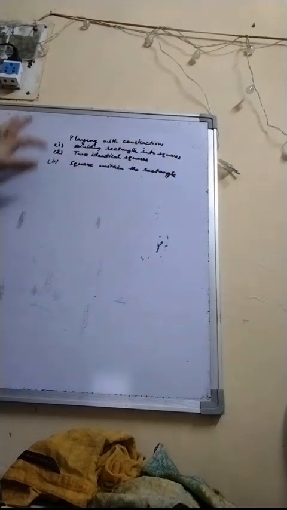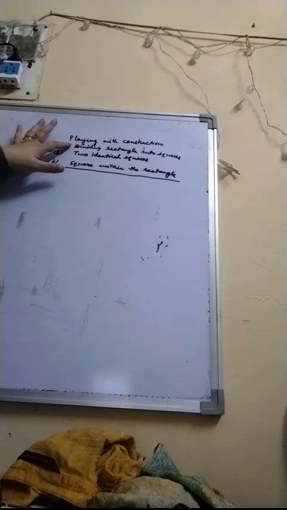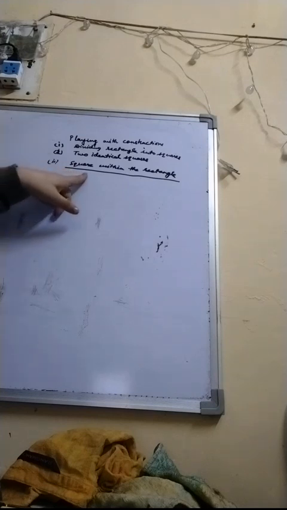So how is this different? This is today's topic, square within the rectangle. This is different from dividing the rectangle into squares. There we divided the whole of the rectangle, but here we are going to make a square within the rectangle.